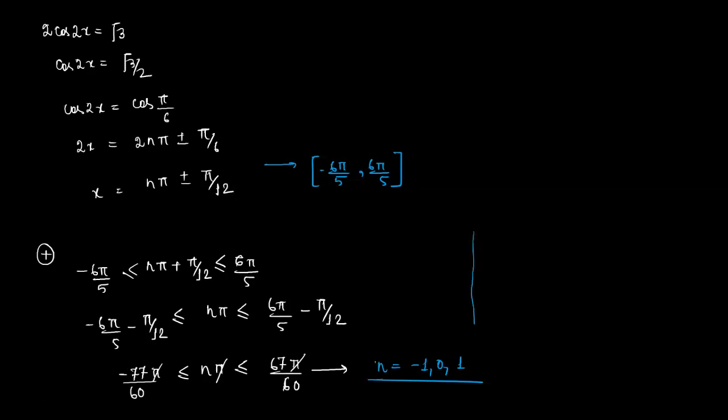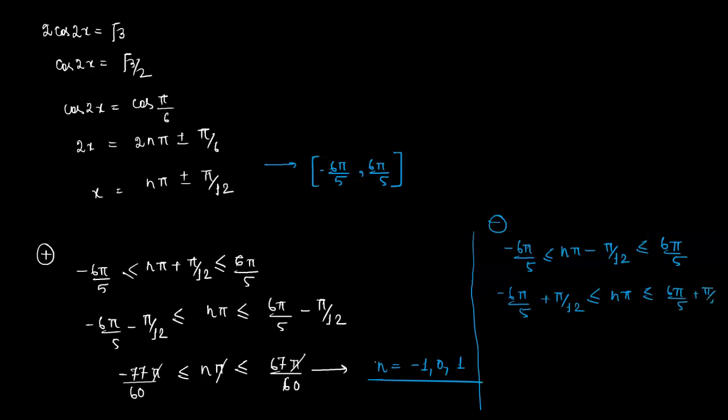So let us check for negative sign. So minus 6 pi by 5 less than or equal to n pi minus pi by 12 less than or equal to 6 pi by 5. Okay, if we do the sum here, minus 6 pi by 5 plus pi by 12 less than or equal to n pi less than or equal to 6 pi by 5 plus pi by 12.